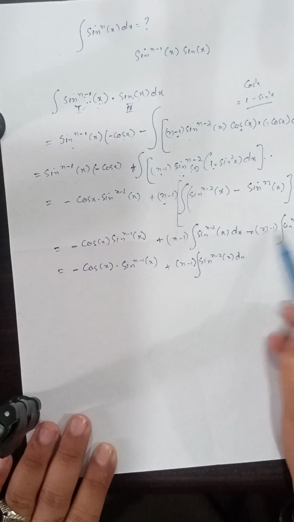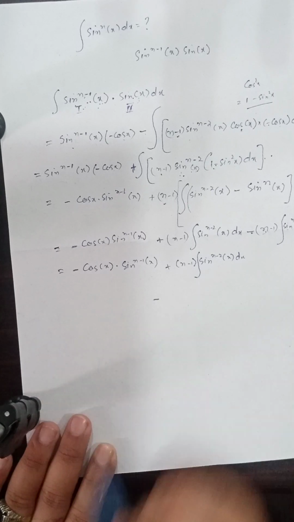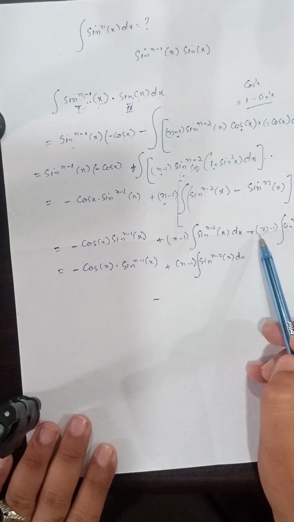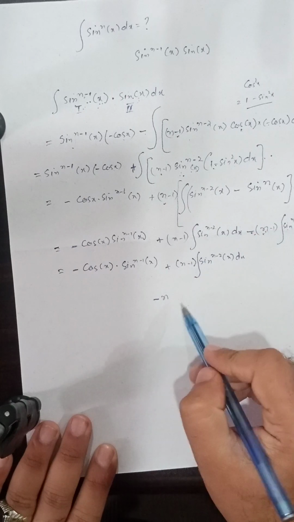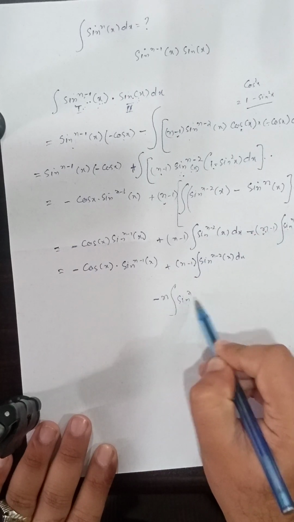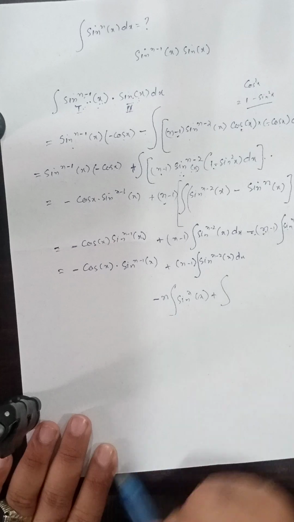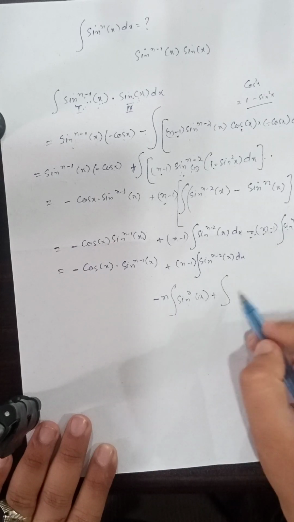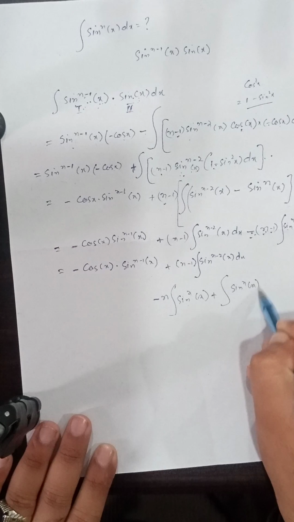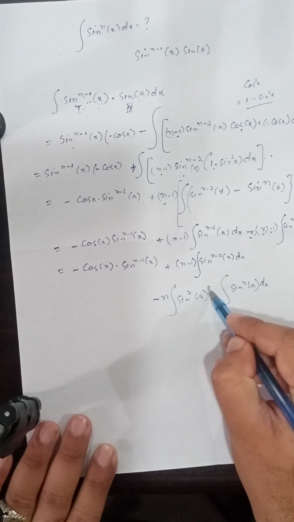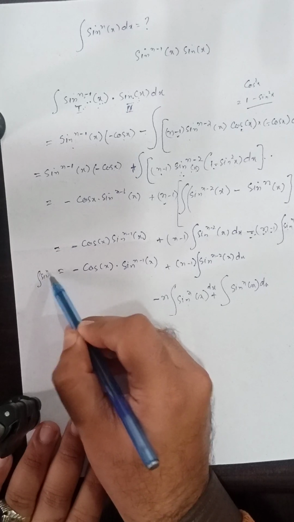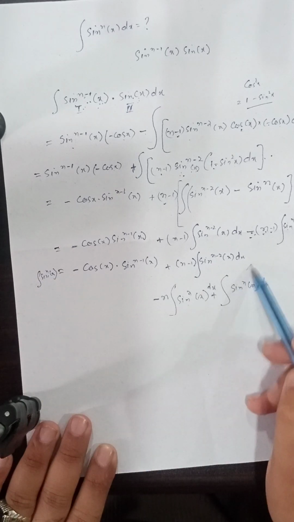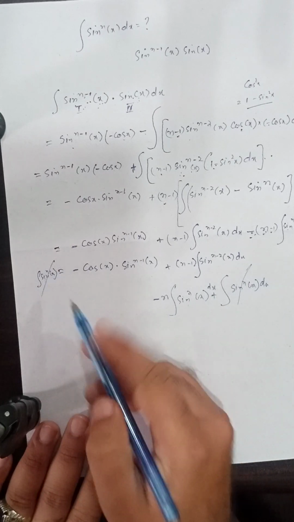Now multiply minus to these two terms and multiply the integral of sine power n of x, which is equal to minus n integral of sine power n of x, plus the integral of sine power n of x with respect to x. So this side is the integral of sine power n of x, which cancels out with this, and this side is left with 0.